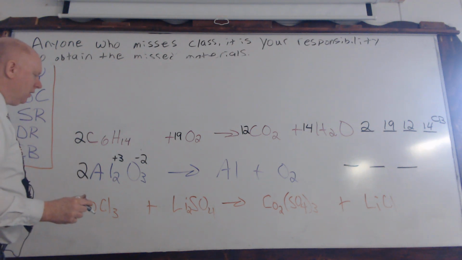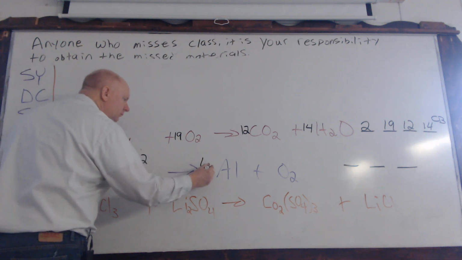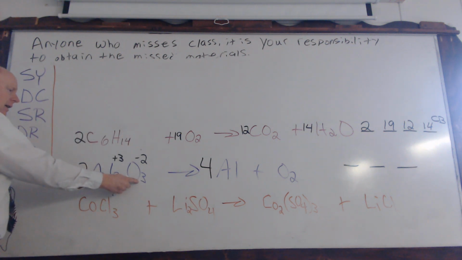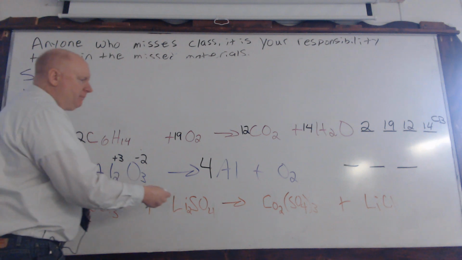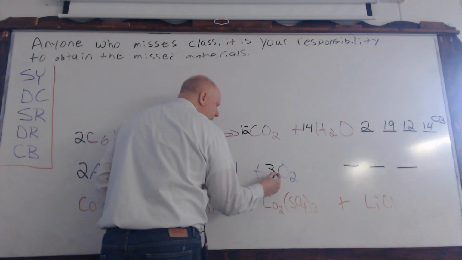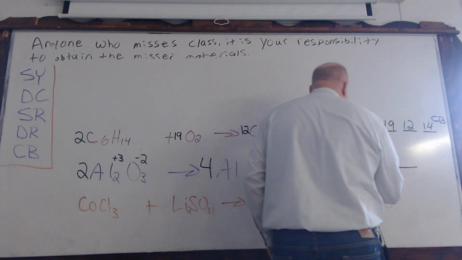So therefore, 2 times 2 gives you what? Okay? And then 2 times 3 for oxygen. Okay? So we've got 2 here, so we need to put a 3 there. Okay? So we've got 2, 4, and 3.